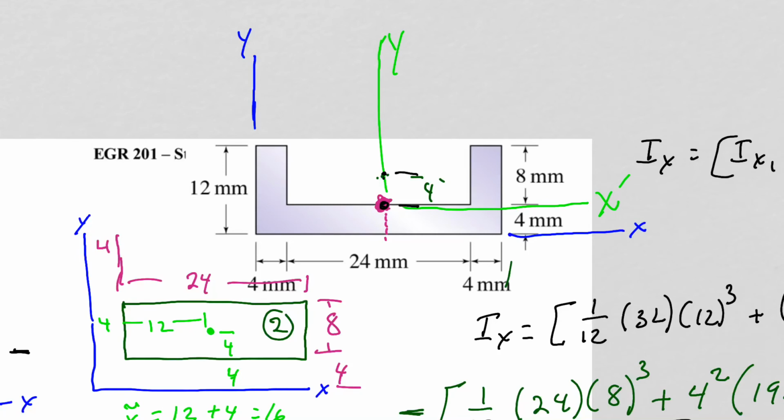Remember, the moment of inertia is really the distribution of the area away from that axis. Looking at the x-axis, the material is only 8 millimeters away at the most. For the y-axis, I've got 12 millimeters on either side, so there's a lot more away. I would expect the moment of inertia about the y-axis to be larger. So let's see if that is true.